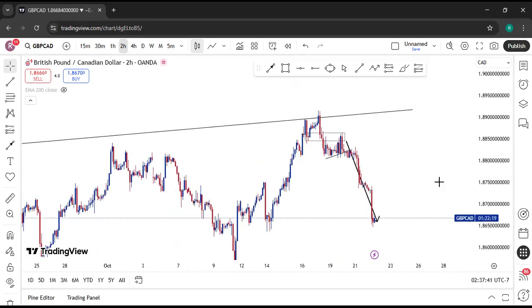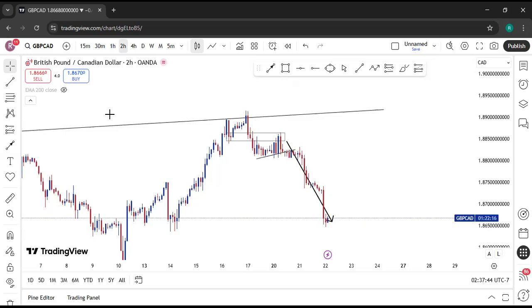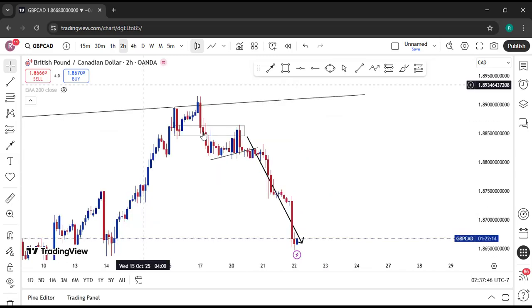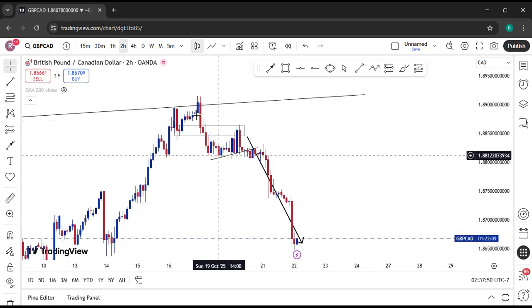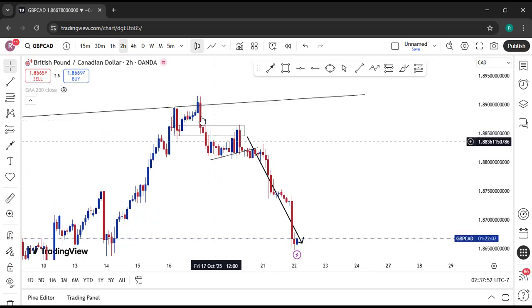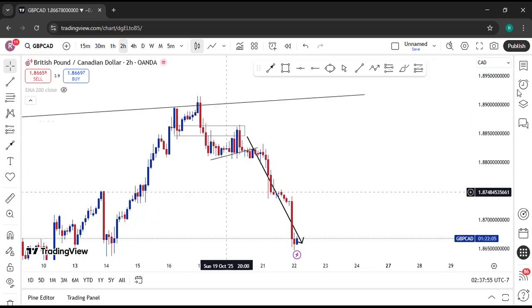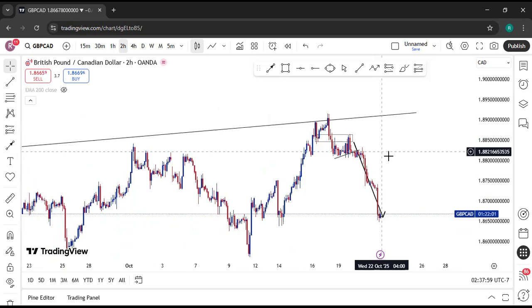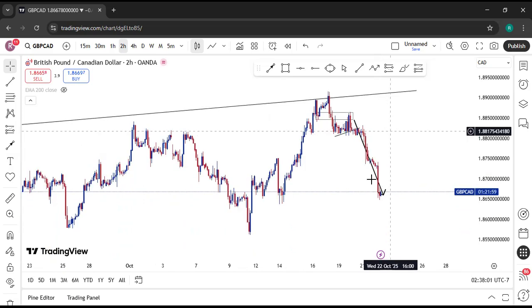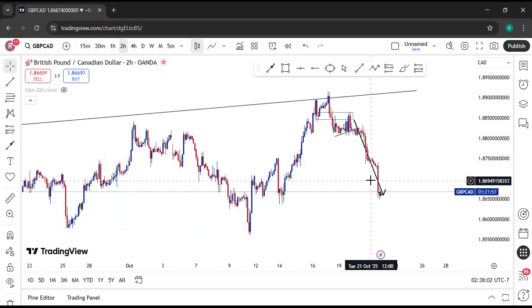Because if you pay attention to the candlestick patterns here, you would see that this is a bearish engulfing candle, indicating that sellers are inside of this zone. And see the strong bearish candles around here, just really telling us what sellers are doing, and getting ready to drop the price on GBPCAD.